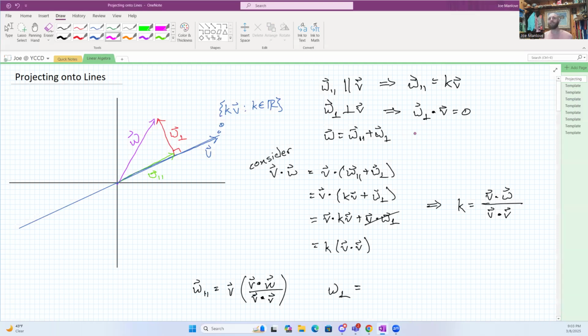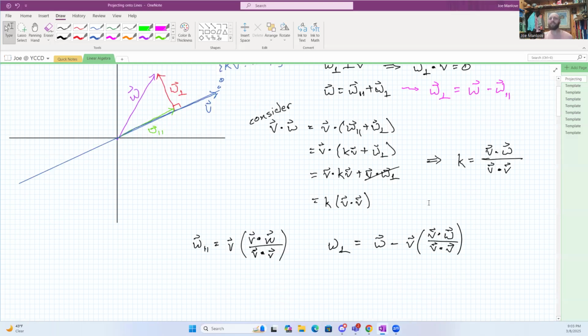That would give me this other piece of information, which is that w perpendicular is equal to w minus w parallel. So I'm going to rewrite my W perpendicular that way. It's whatever the original W was minus V times this scalar of V dotted with W over V dotted with V. Good on that?